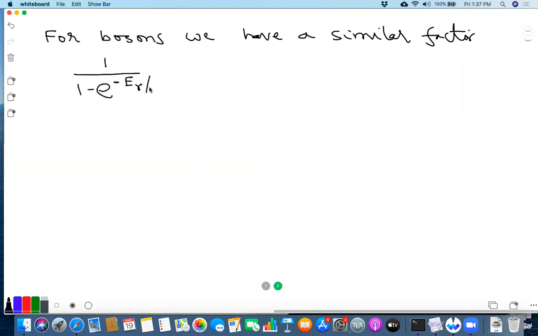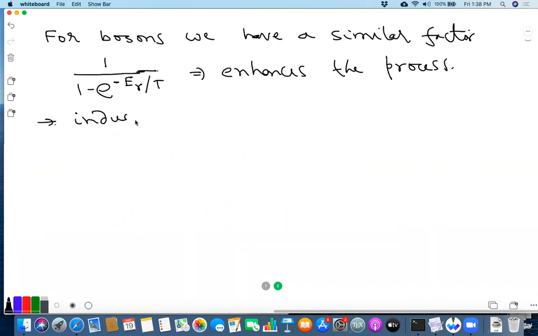This enhances the process, which basically means if the final state is occupied, then it's more likely that the system will go there, because that's what Bose statistics gives us. This follows from statistical mechanics. This is sometimes called induced emission, or the induced process. And the corresponding coefficients are also sometimes called Einstein's A and B coefficients.